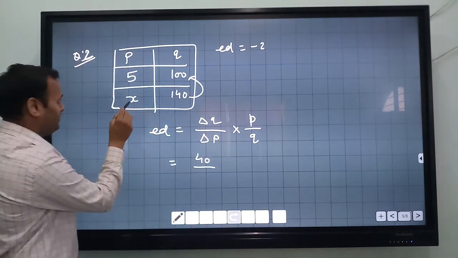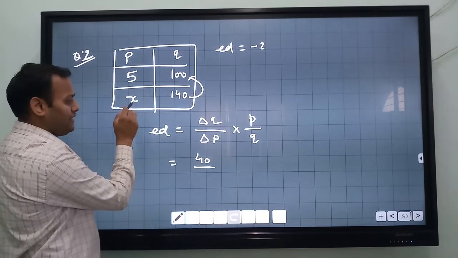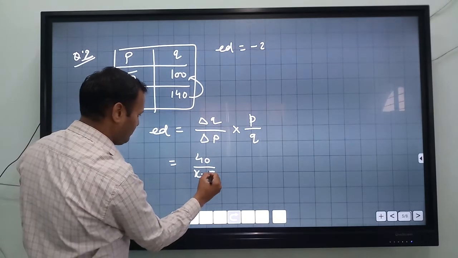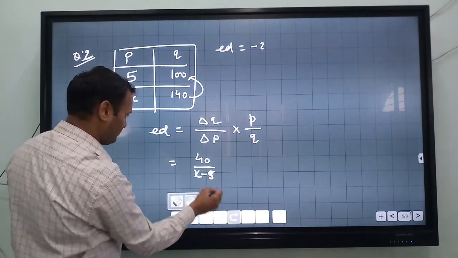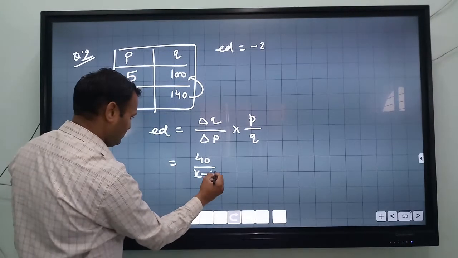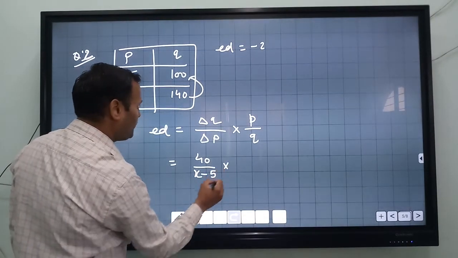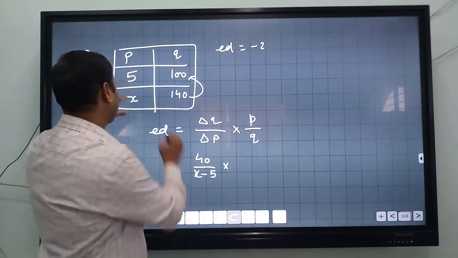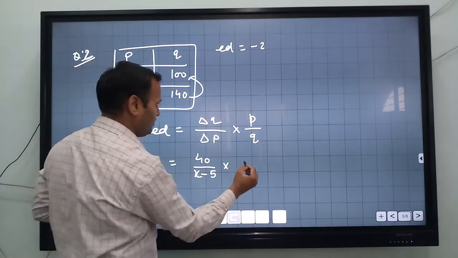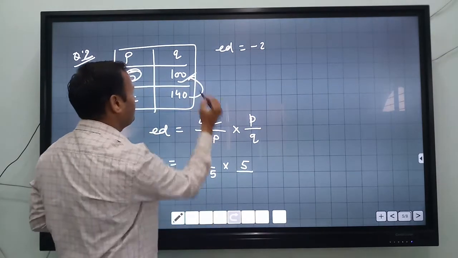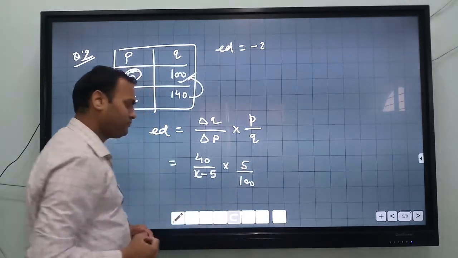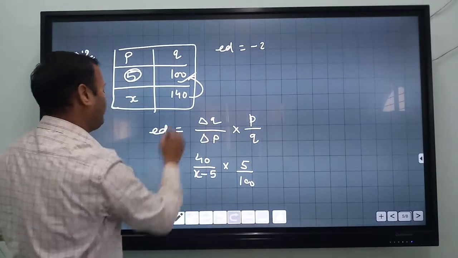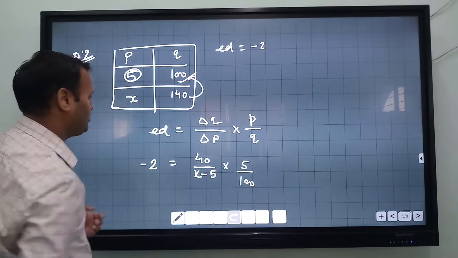Take the new price as x, so x minus 5 is delta P, into P by Q. P means the initial price, 5 rupees, and the initial quantity is 100. The value of ED is given as minus 2.